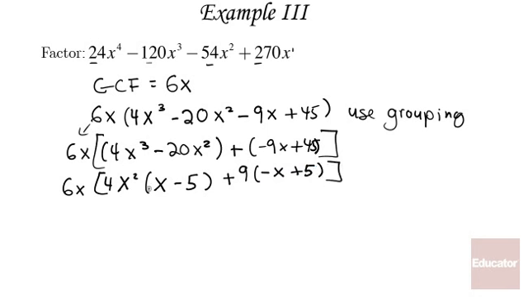Okay, I look at this, and now I want to factor out the common binomial factor. I don't quite have one, but I can modify this, do something else to it so that I do have a common factor. X minus 5 and negative x plus 5. Those differ just by the signs. That means if I factor out a negative 1 from one of these, they'll be the same. Okay.